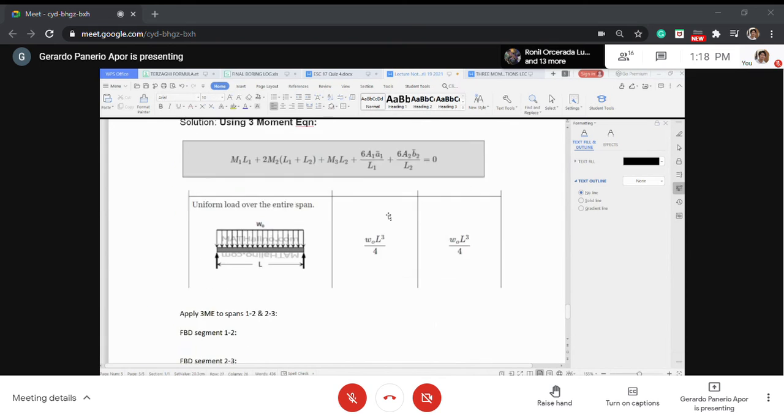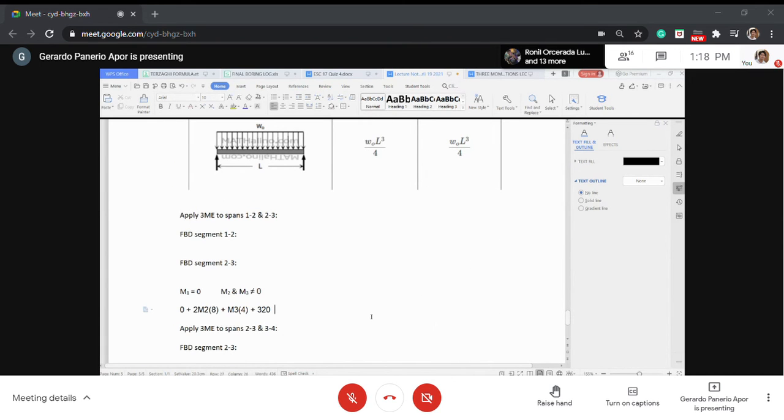That's for this one, and the other one is positive 320. So in other words, you will have this equation: 16 M2 plus 4 M3 is equal to minus 640.